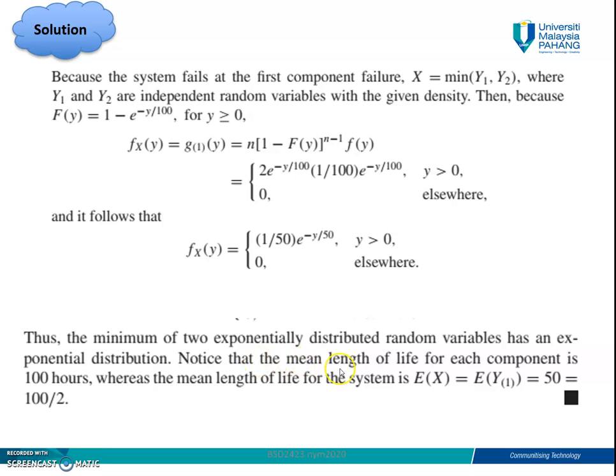Notice that the mean length of life for each component is 100 hours, whereas the mean length of life for the system is 50, because you get 100 divided by 2. That's why you have this 50.